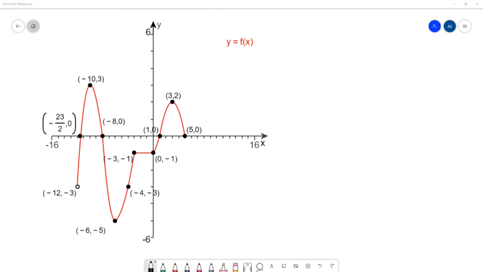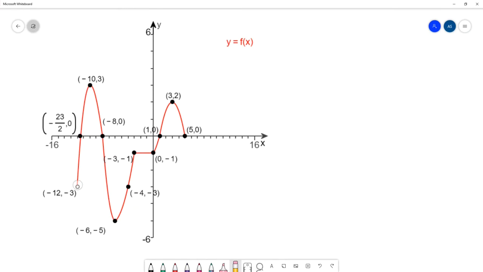For this example, we want to find the intervals of increasing, decreasing, and constant. Those words, increasing, decreasing, and constant, are describing y. So I want to look at the big picture first and decide what's happening with the y values. We're going to start from smallest to largest.